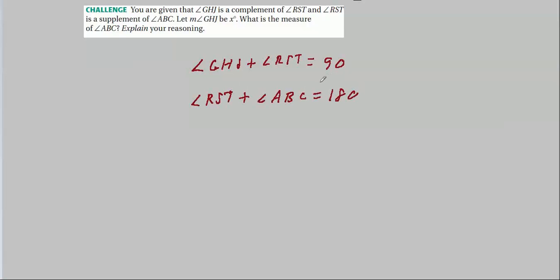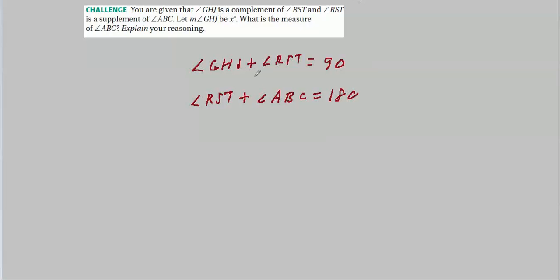And what they want you to do is find the measure of ABC in terms of x. Since they haven't given you anything, it's going to be hard to come up with the actual angles, but you can come up with some relationships.